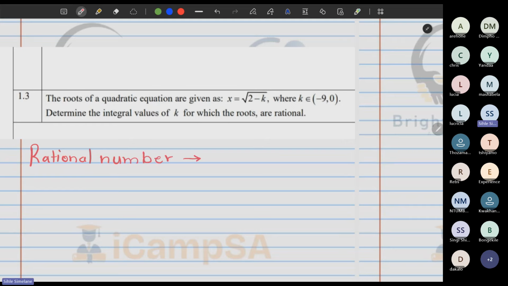What is a rational number, guys? If you have a sibling who's doing grade 8 or grade 9 or grade 10, you should call them and say, hey, what is a rational number? What is a rational number, guys? Anyone?